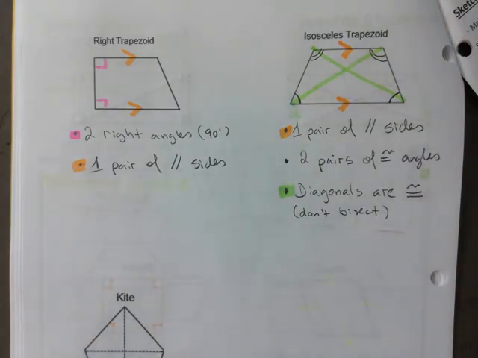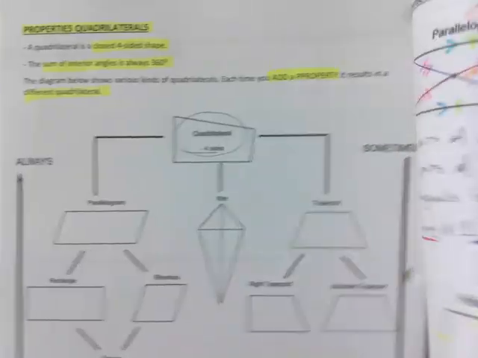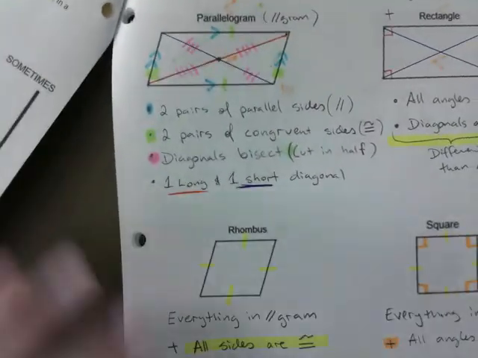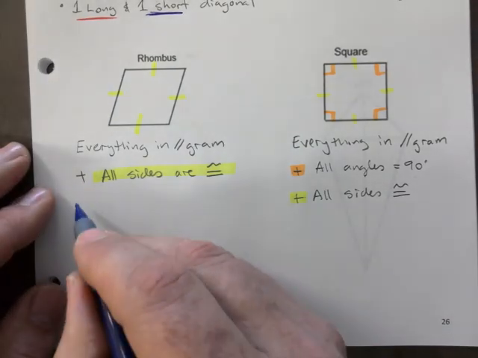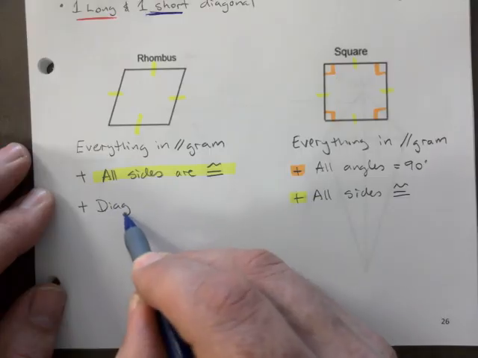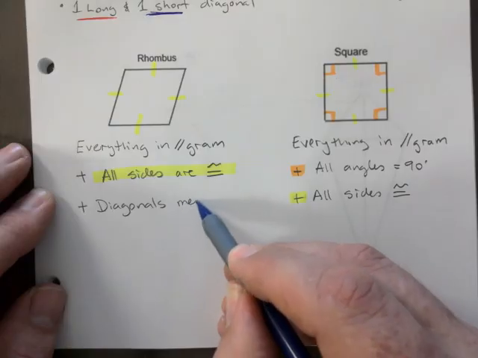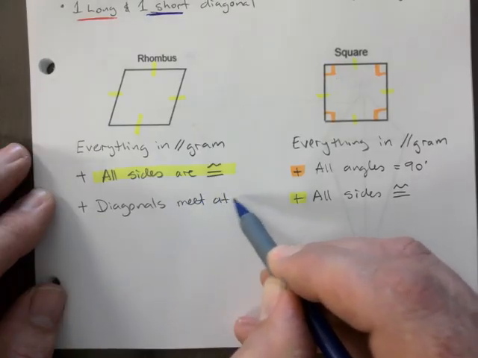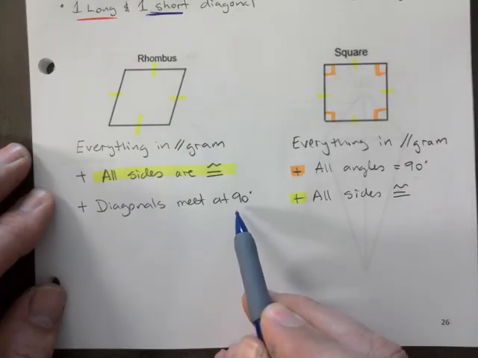I forgot something about the rhombus, which makes it very special. I don't want to forget, so I'm going to go back to it. This makes the rhombus very special, okay?